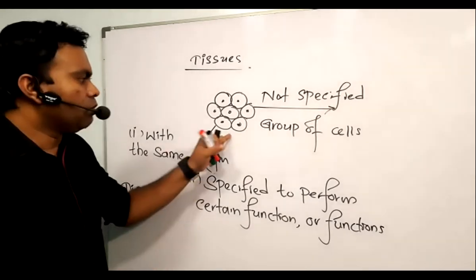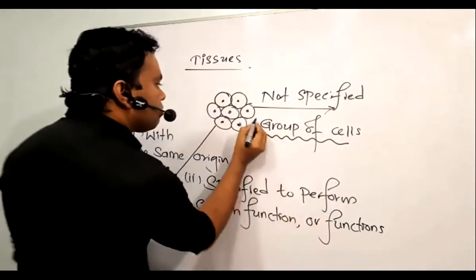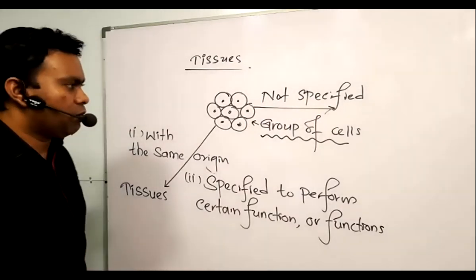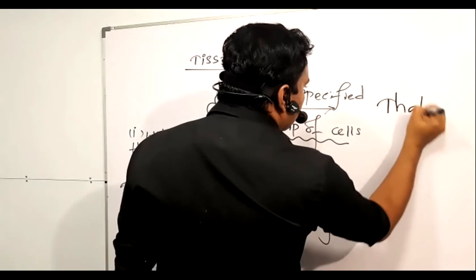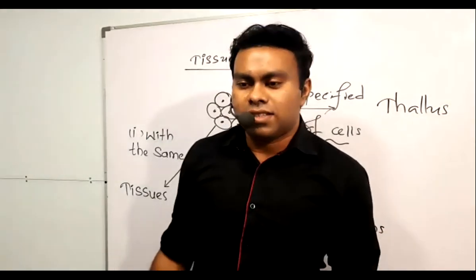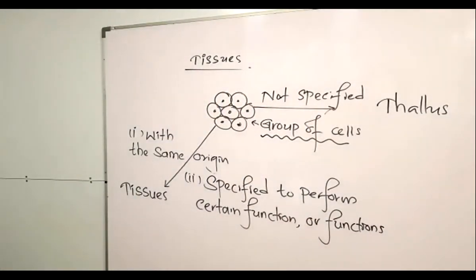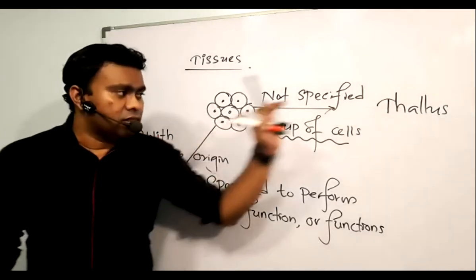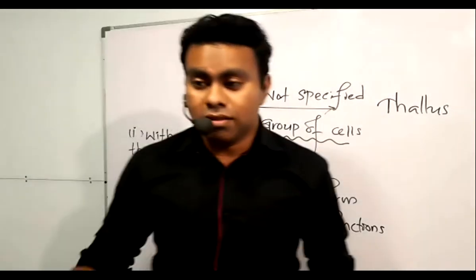But a group of cells not specified to perform a certain function or functions is known as just a thallus. Can you understand now the difference between cells and thallus?